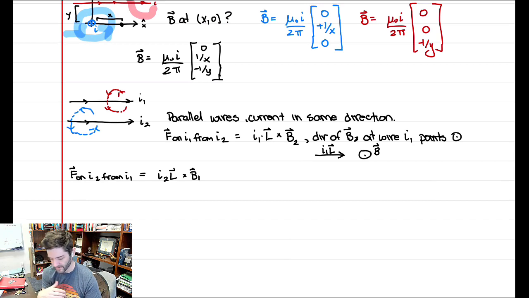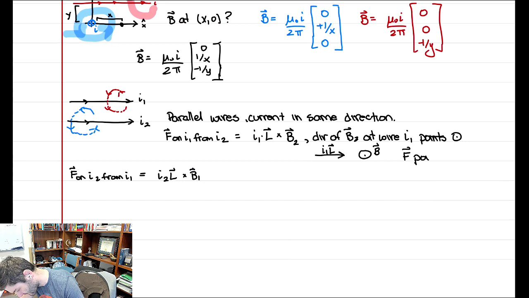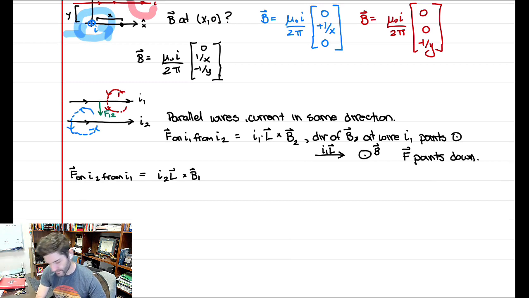I start with my fingers pointing towards the right, I then curl my fingers so that they point out of the page. The force points down. Then if I go back here, it looks like the force on this wire points downward. F on 1 from 2.